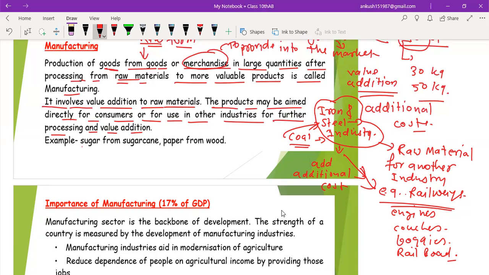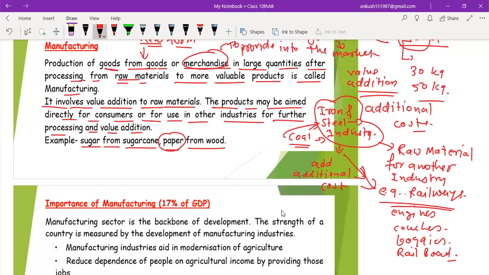For example, sugar from sugarcane, paper from wood. Now, paper is not actually flowering on any tree, right? We have to cut the particular type of wood. That wood has to be transformed into pulp. That pulp is used to make the paper in the other industry.